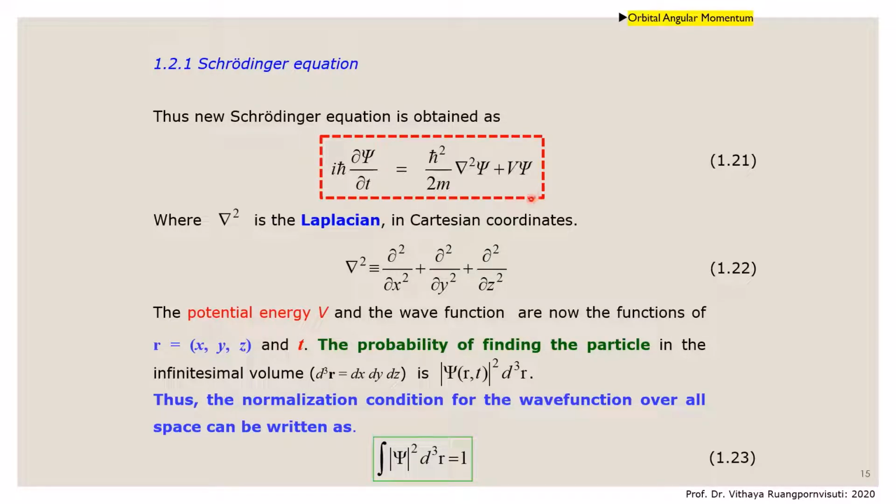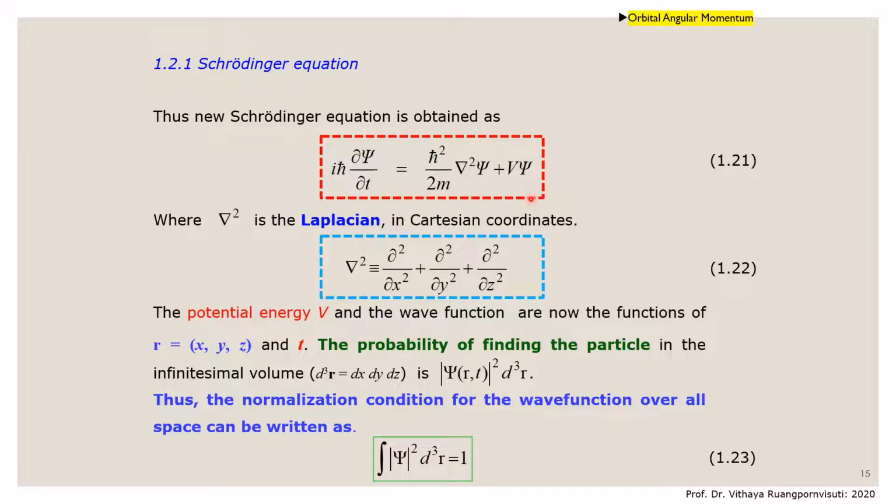by the wave function psi. The Laplacian operator in Cartesian coordinates can be written as equation 1.22. The Laplacian operator is the summation of the second derivative operators with respect to each component: x squared, y squared, and z squared.